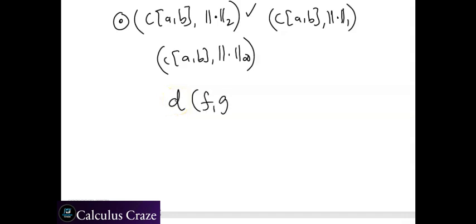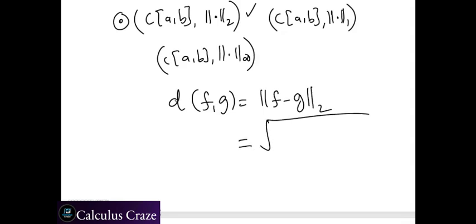The distance between f and g is going to be the two norm of f minus g, and this is going to be the square root of the integral from a to b of (f of x minus g of x) squared dx, right? So it's a two norm.